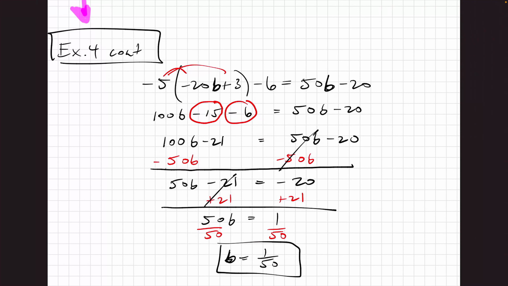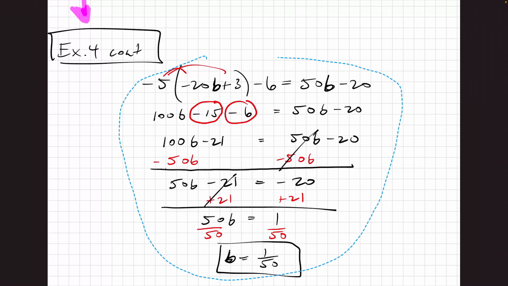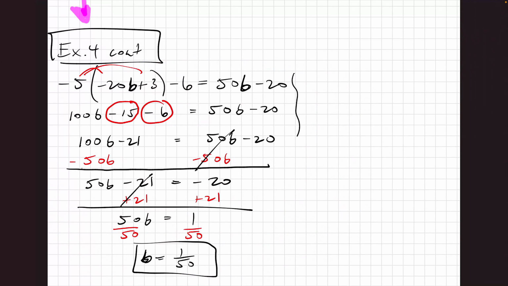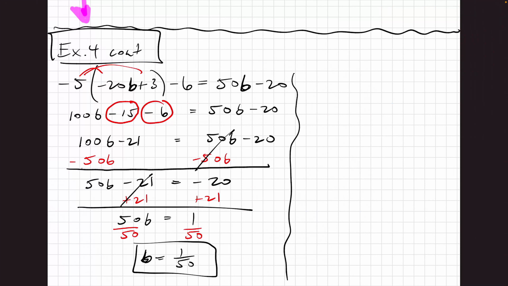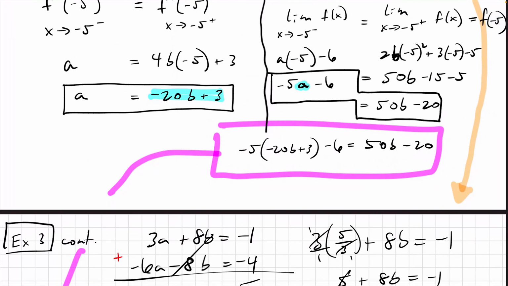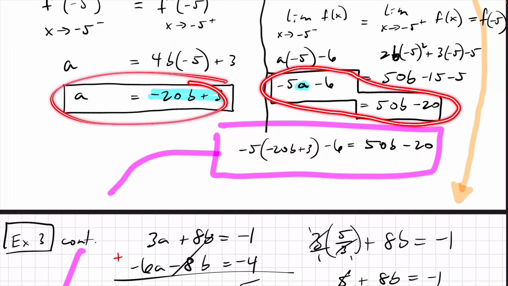All right, so now that you know b, we're going to use that to solve for a. So we're going to go back to our other two. We're going to use either this guy or this guy here.